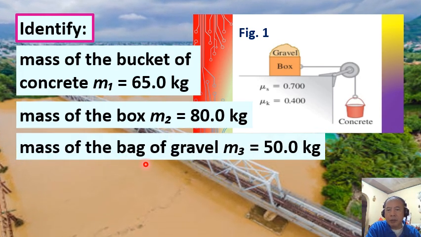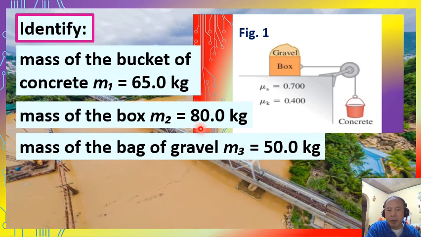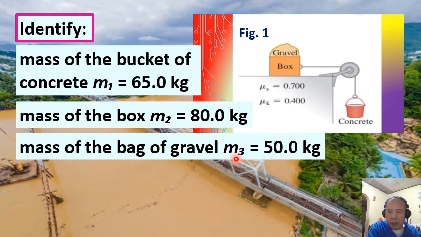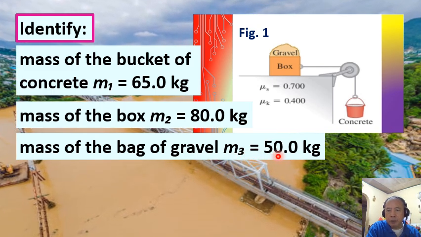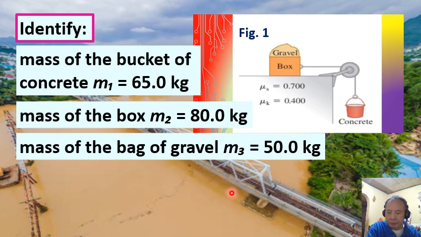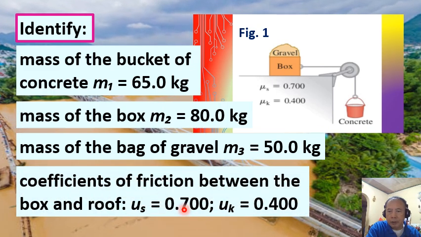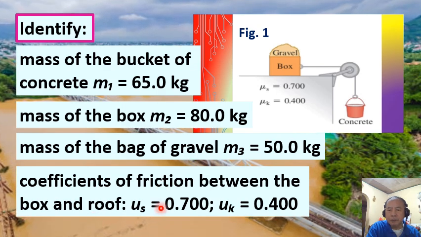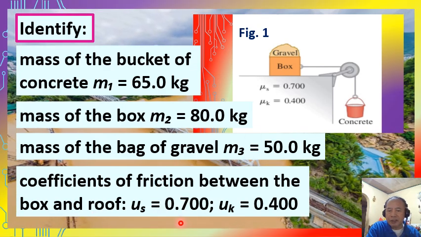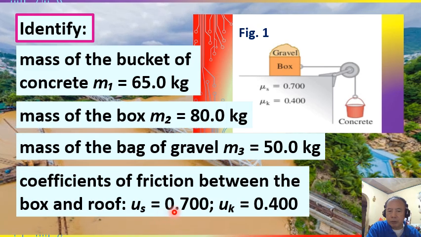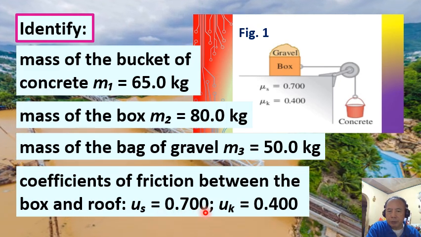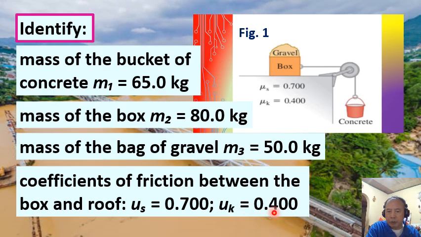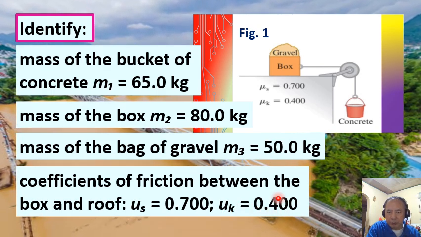There is a bag of gravel resting on top of the box, and its mass, denoted by m sub 3, equal to 50.0 kilogram. And the coefficients of friction between the box and the roof, mu sub s, equal to 0.700 and mu sub k equals 0.400.